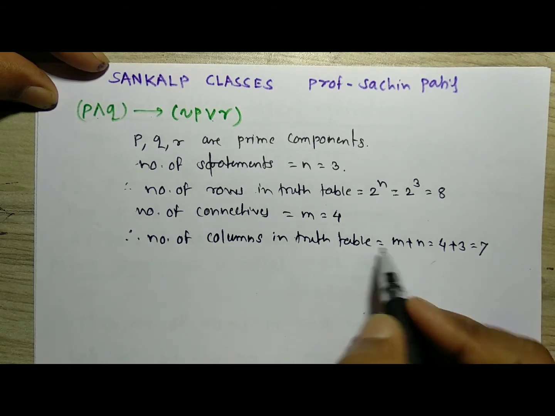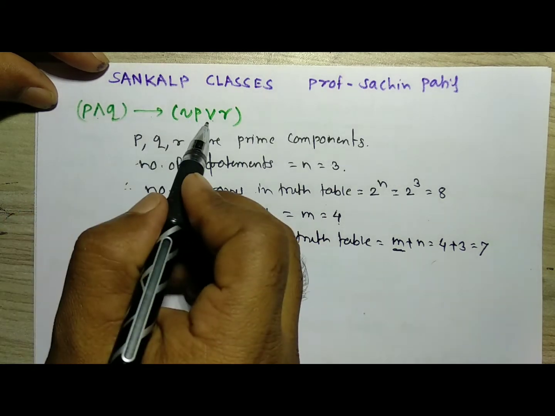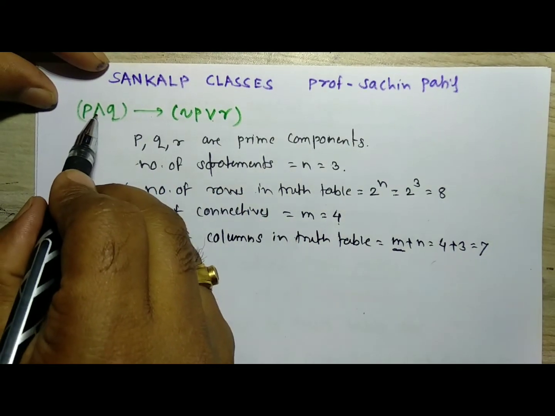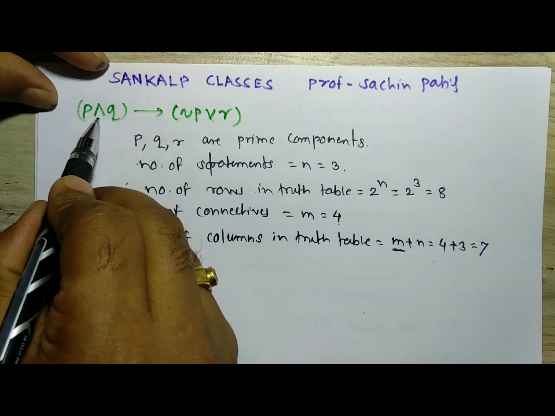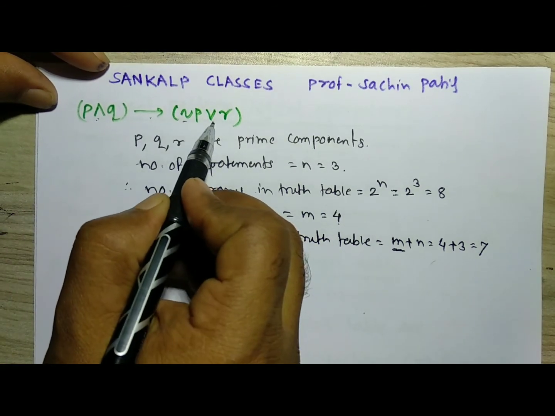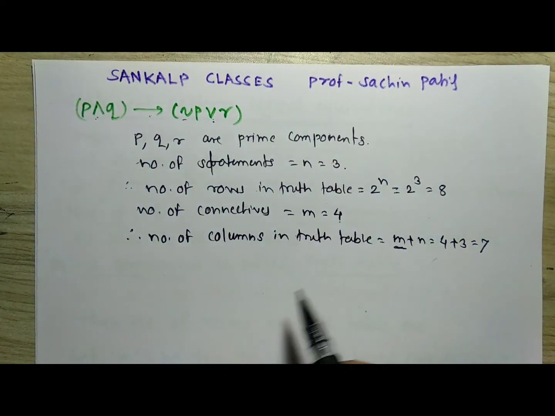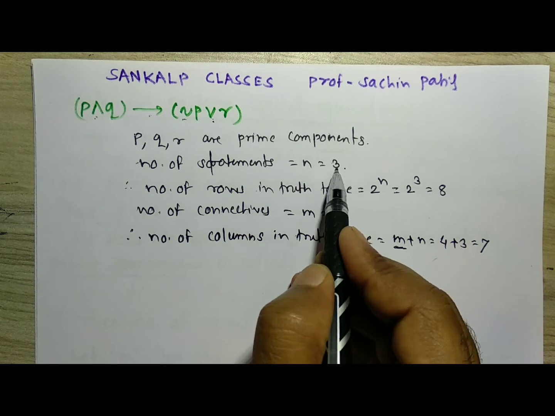No repeating connectives are considered here: these are the AND connective, implication, negation, and OR. So the number of connectives is 4 and the number of statements is 3.